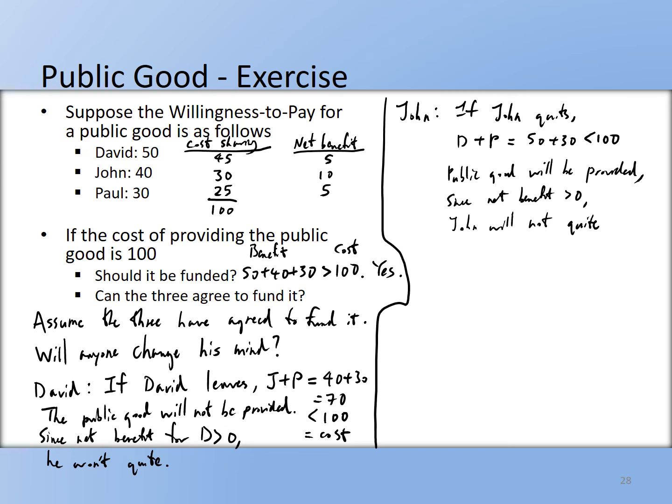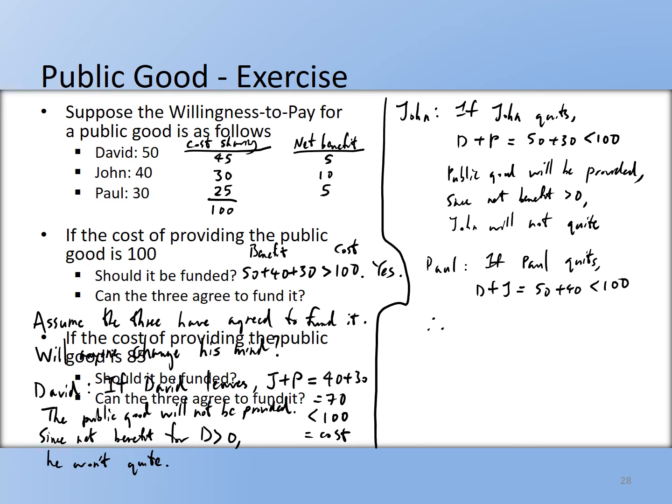Same logic. And finally, for Paul, Paul has the biggest incentive to quit because he pays the least, right? If Paul quits, David plus John together can pay at most 50 plus 40, which still is more than 100. So Paul will not quit.